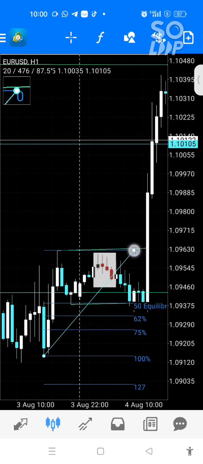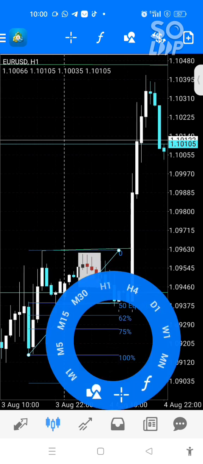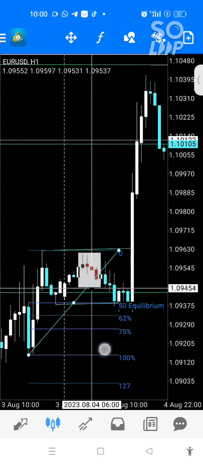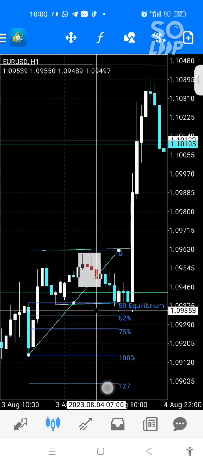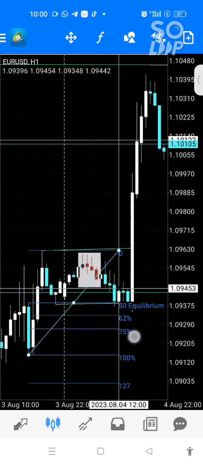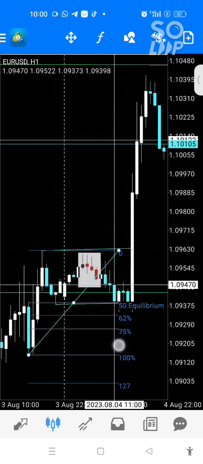This low broke this high. Now, when this range was purged here, was it above or below 50%? It's still above 50%.